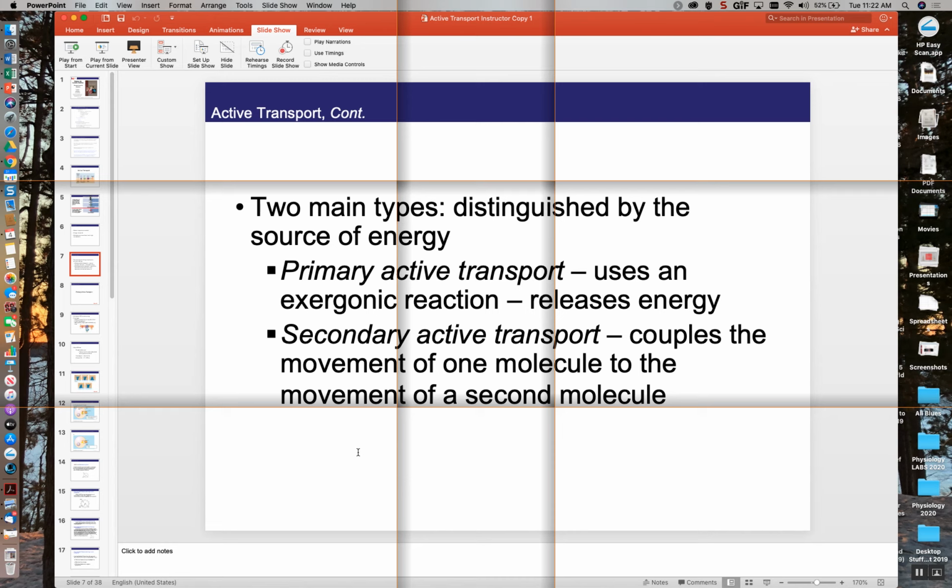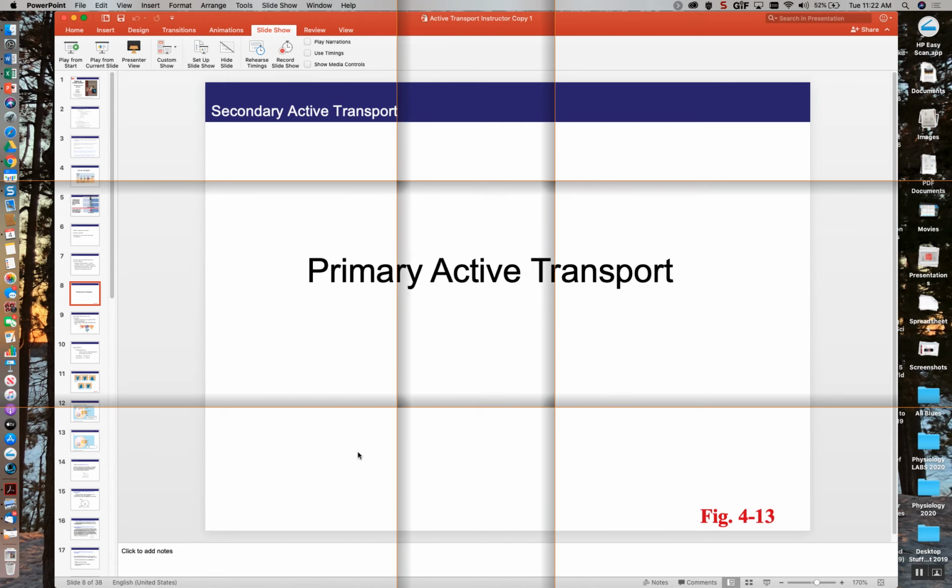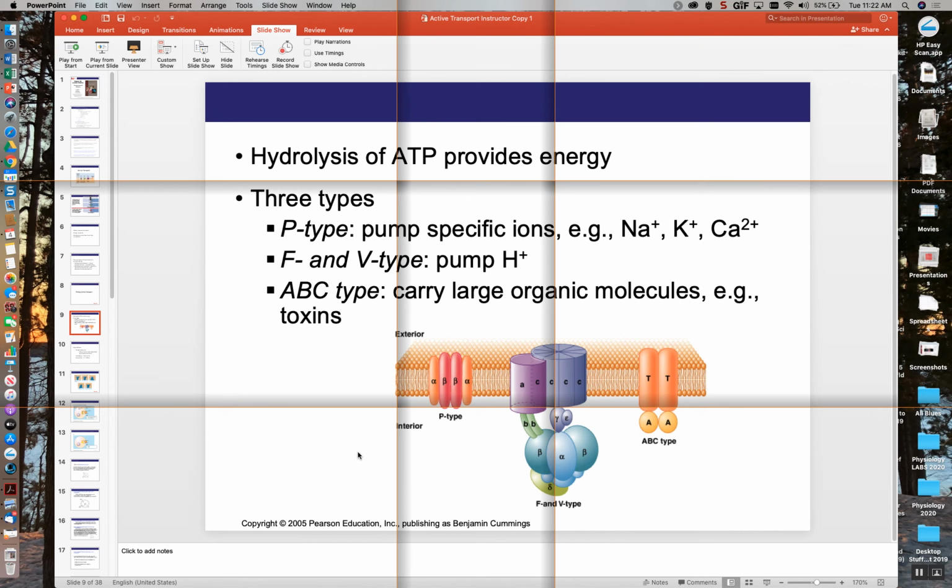Okay, there's 3 types. P means phosphorylation type. Classic example of P type is the pump, the sodium potassium ATPase. F and V type. F means factor type, and V is for vesicle type.